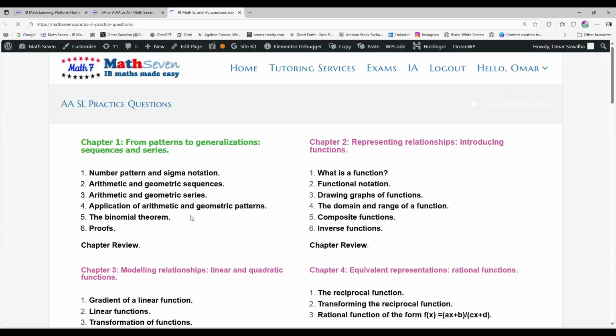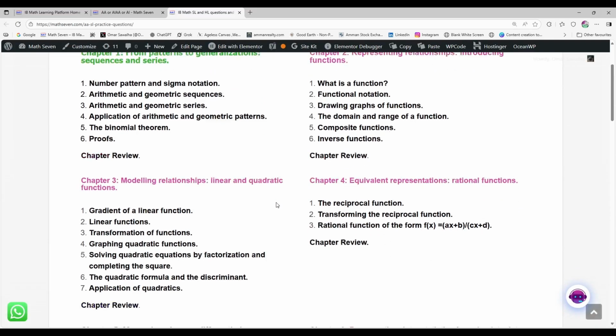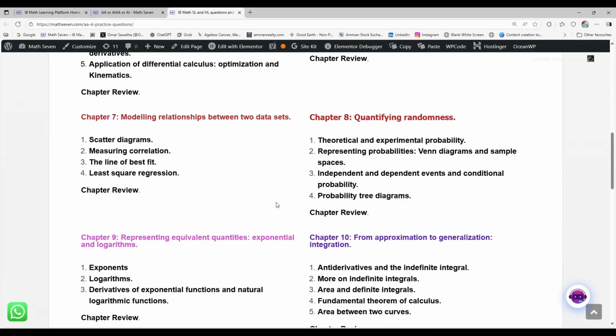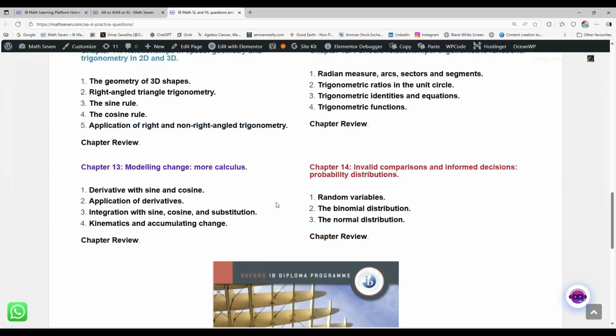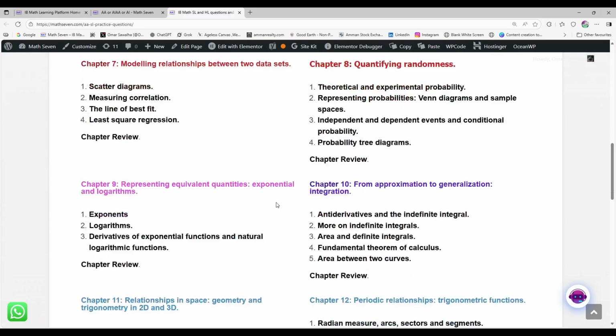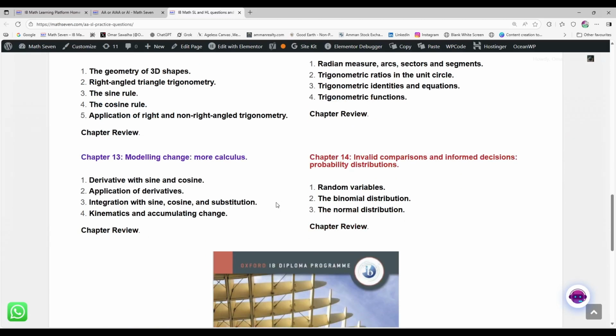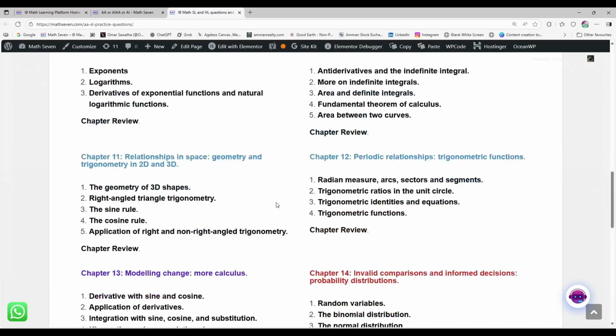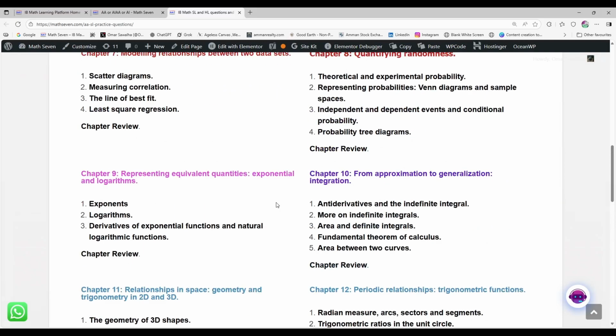So you have all the syllabus in detail, concept by concept, of the IB curriculum for the AASL, and it is exactly the same syllabus as the Oxford and other books.